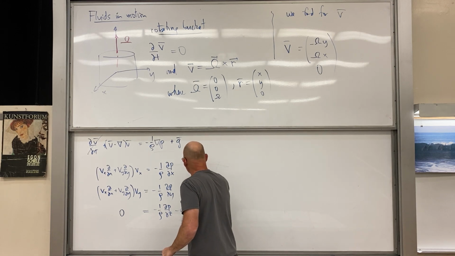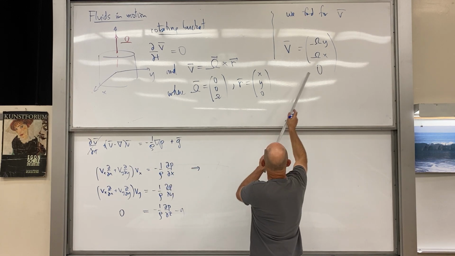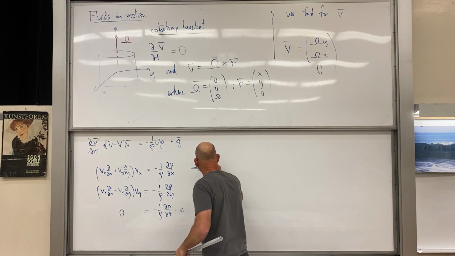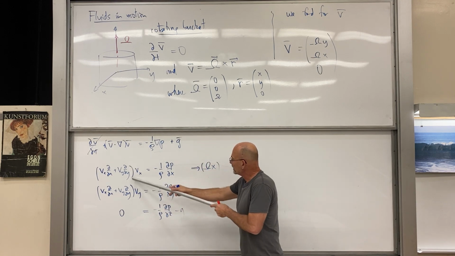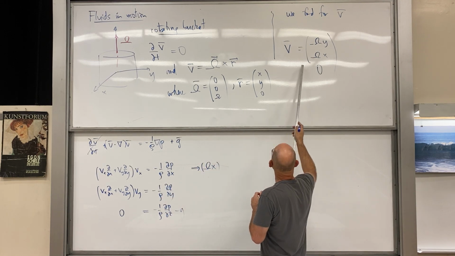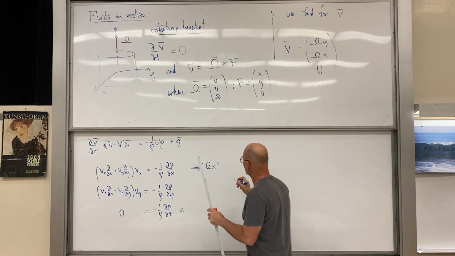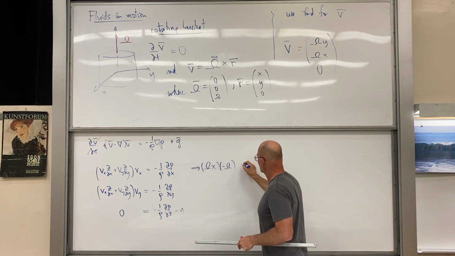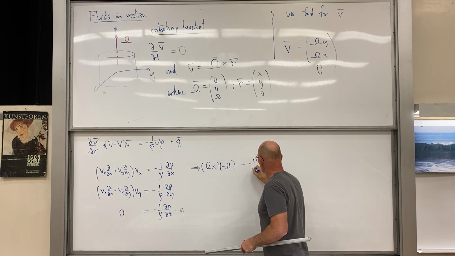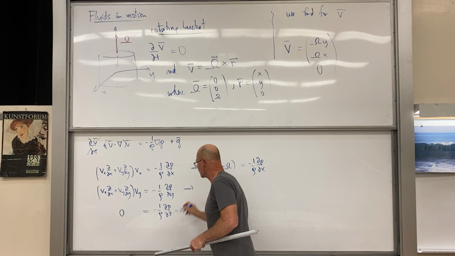So on this equation, we have the v sub y, which is omega x, d over dy vx, which is minus omega. Equals minus 1 over rho dp dx.